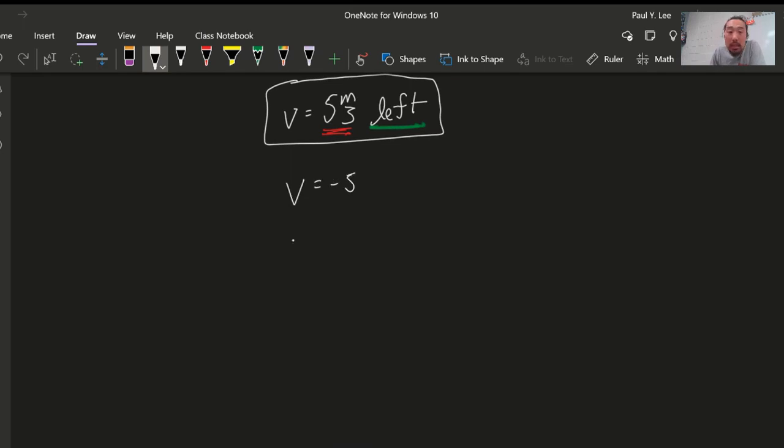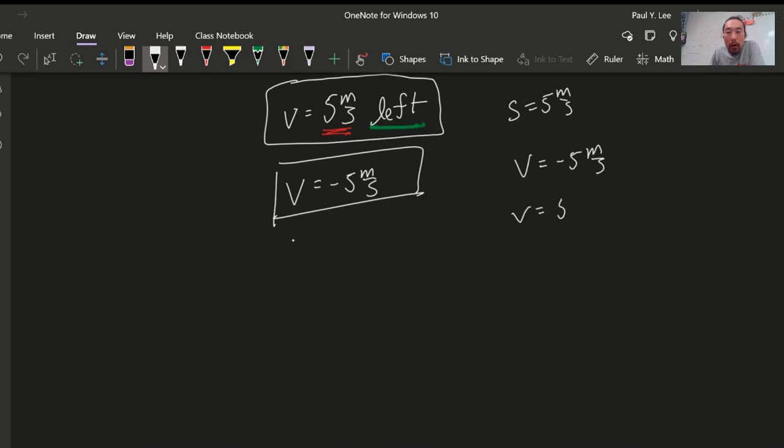Now, I could also easily write this as negative 5 meters per second, right? Because remember that negative could represent left or west or south. So the difference is speed would just be the 5 meters per second, but the velocity would be negative 5 meters per second, or 5 meters per second left. And both of these are describing essentially the same thing. So velocity is speed, but with direction.